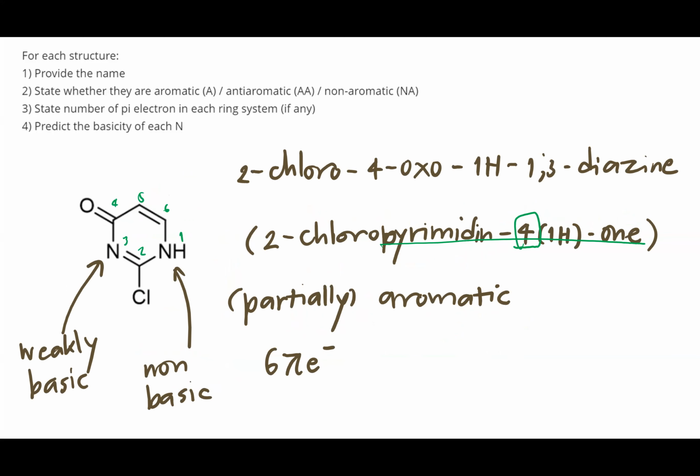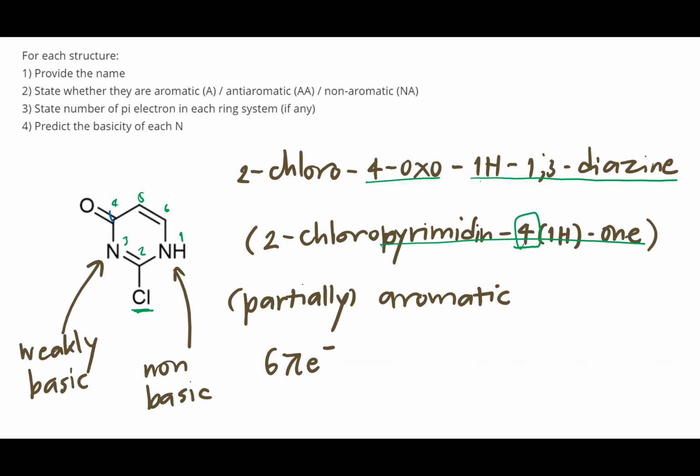But for the Hantzsch-Widman system, I'm not 100% sure, but it should be 1H-1,3-diazine to specify these 6 atoms, and then it's the 4-oxo at the carbonyl group here. Could be. I will consider your answer and see whether it makes sense or not. And the chloro at the 2 position. Okay, and this compound, if you draw it like this, it is not aromatic, because although you have all the pi systems in planar.